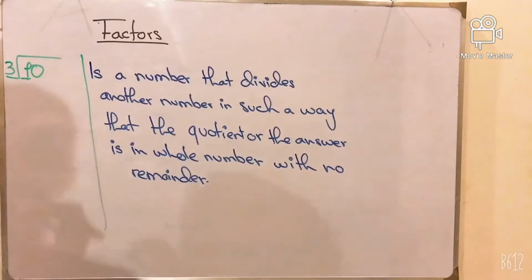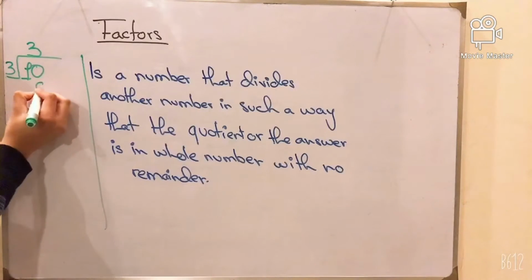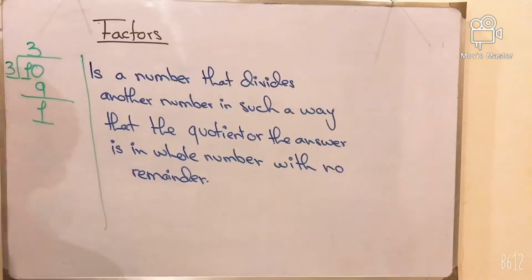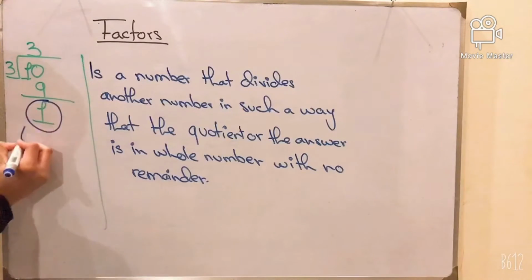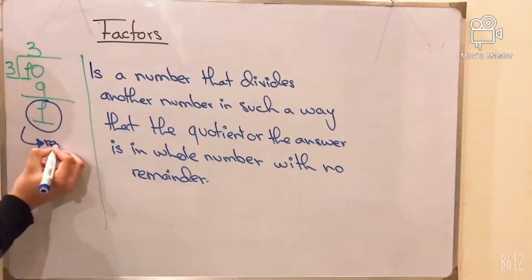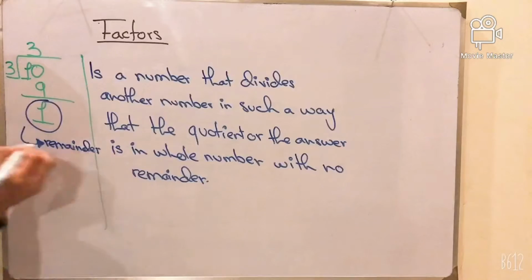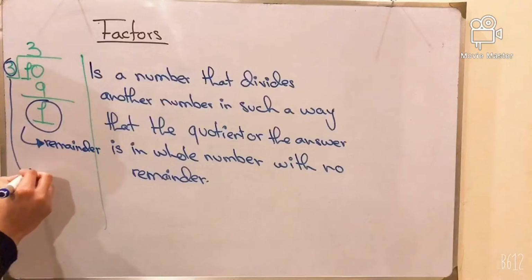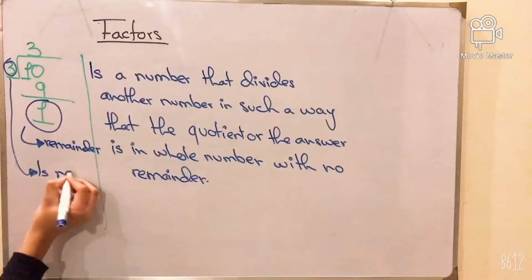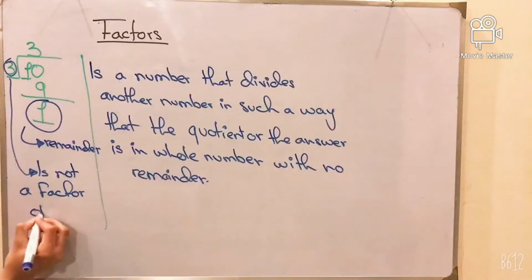So we will go with 3 times 3. So over here we will write 3 and we will get 9 and the remainder will be 1. So see over here that there is a remainder. When we divide 10 by 3, we have a remainder. So we will say that 3 is not a factor of 10.